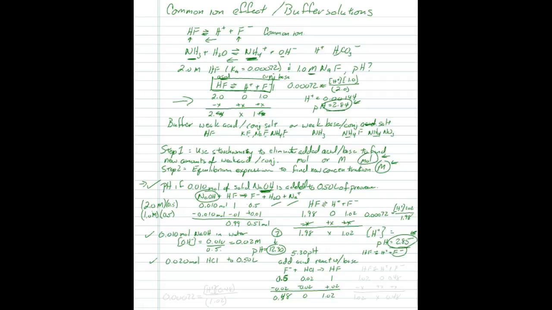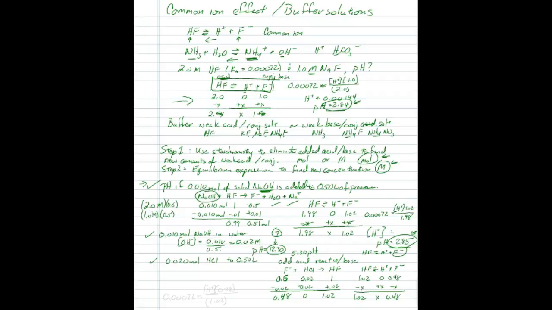Now we have to do the ice table with the equilibrium part. This is still written the same way because that's the way you write the Ka. You do right over left. So the HF is 1.02, practically 0 change, 0.48, plus x, minus x, 1.02 practically, x, 0.48 practically.